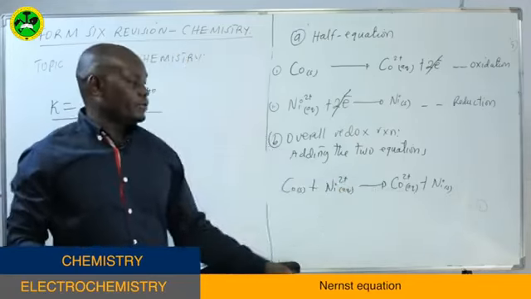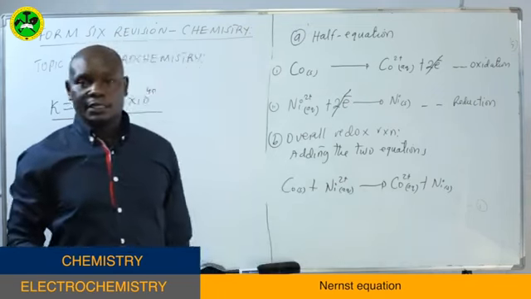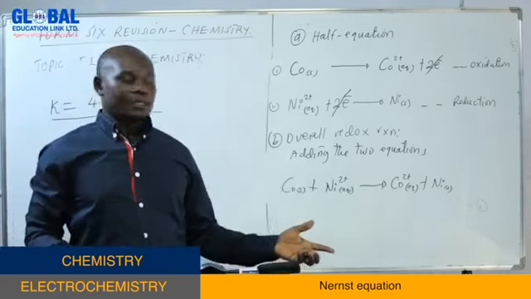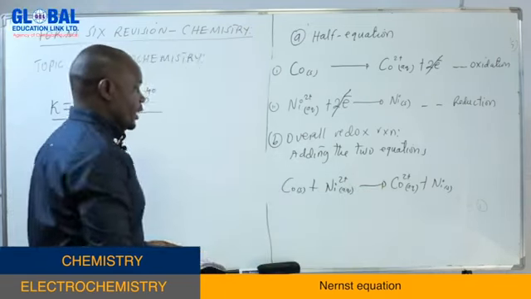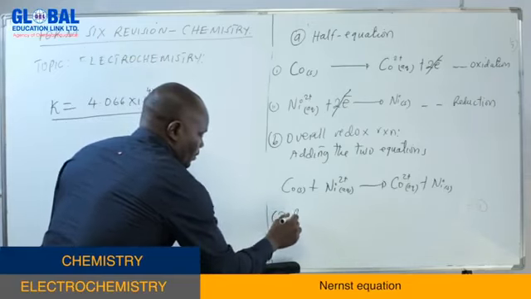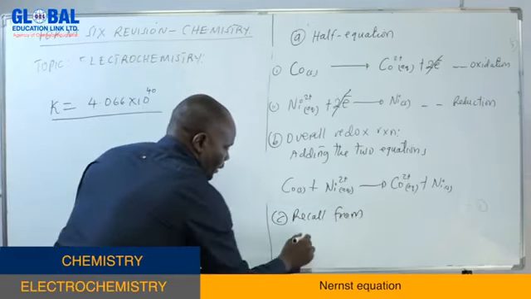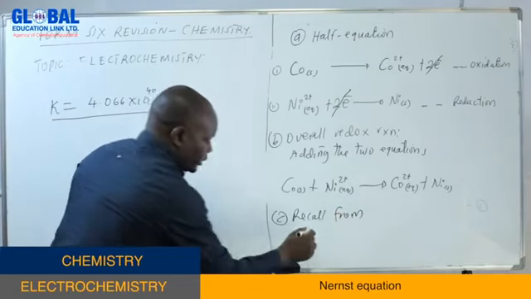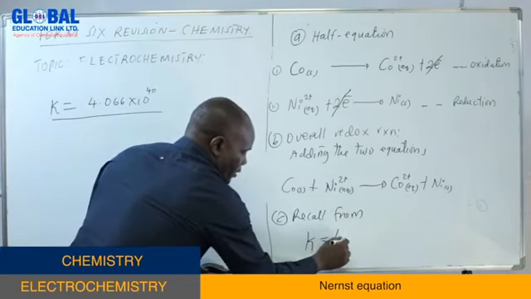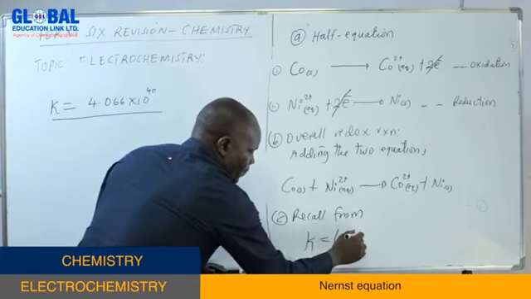So the third part, you are asked to calculate the equilibrium constant K of the reaction. This is simple. The equilibrium constant K is equal to the log inverse of n E standard over 0.0591.